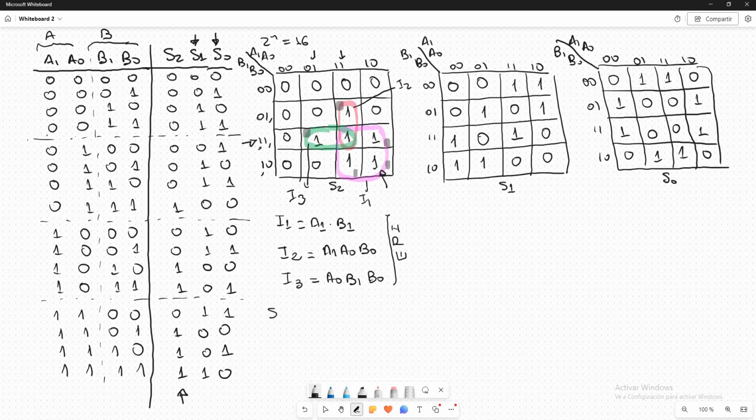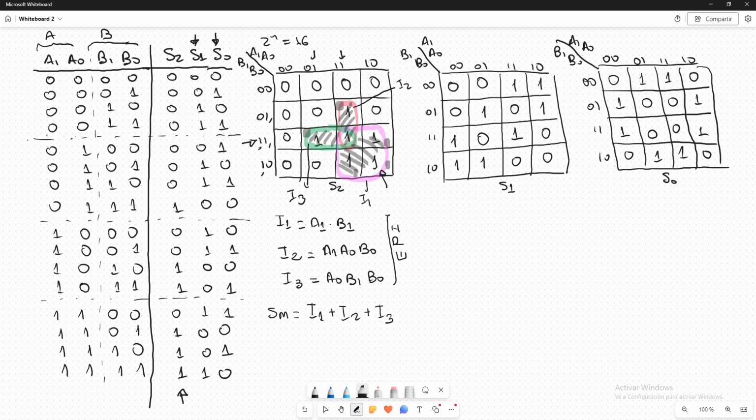So I have to start the minimal sum including the essential prime implicants, that are all of them. And obviously when we include all the essential prime implicants, we are covering all the ones of the function.